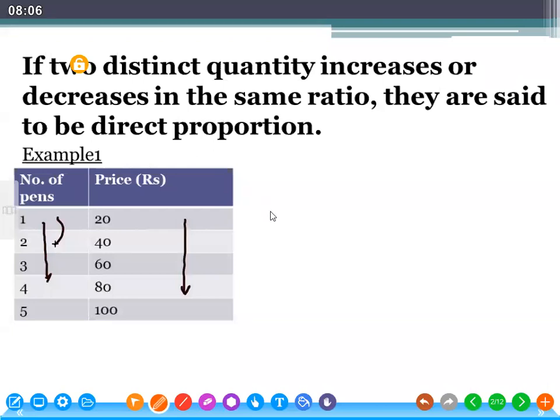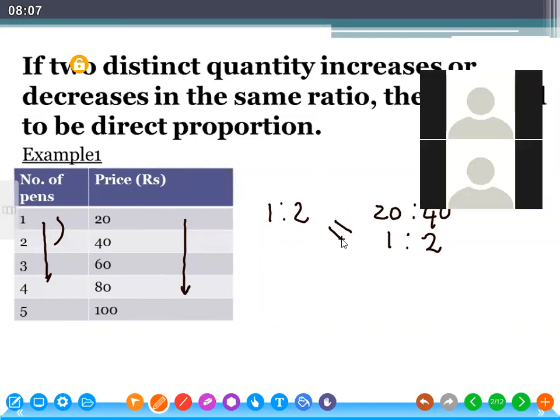The number of pens, 1:2. So let's consider their price, that is 20:40. I can simplify this. I'm going to divide both by 20, that is 1:2. So both the ratios are equal. So you already know what is direct proportion. If both the ratios are equal, then it is a direct proportion. So this is a direct proportion.